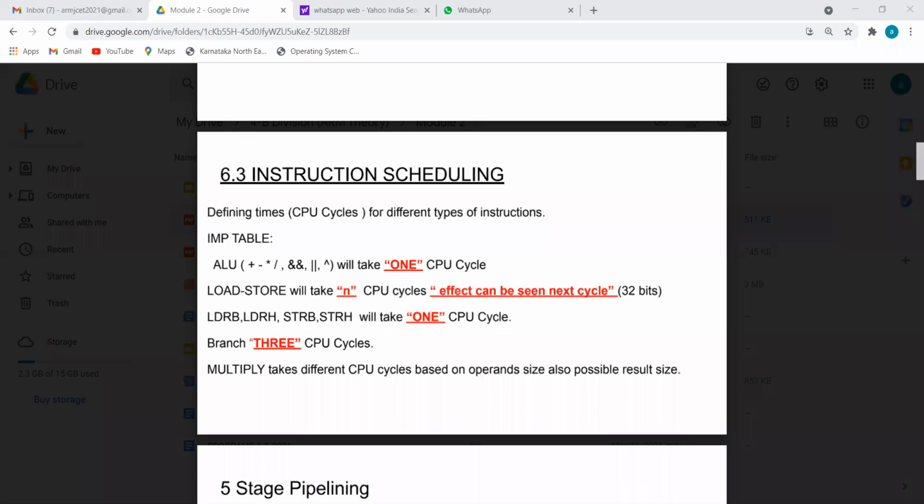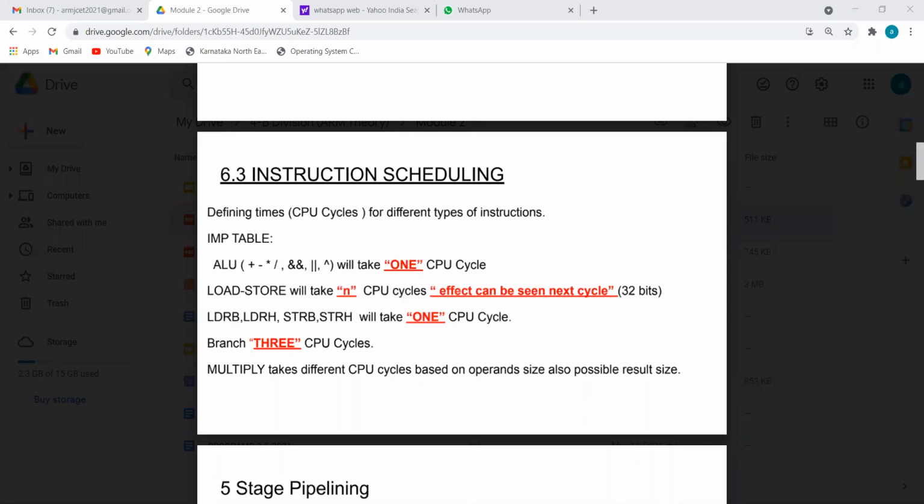If there is no suffix B or H, then they will take n CPU cycles. If there is a suffix B or H, then it will reduce to 1 CPU cycle. And the next one, branch will take 3 CPU cycles. This is very important, 3 CPU cycles.